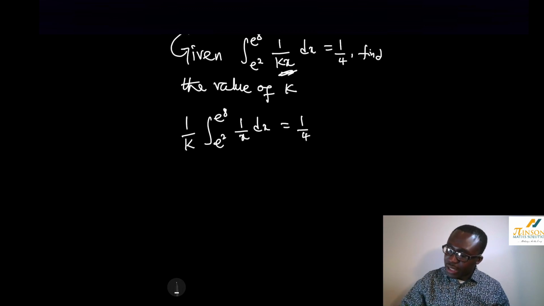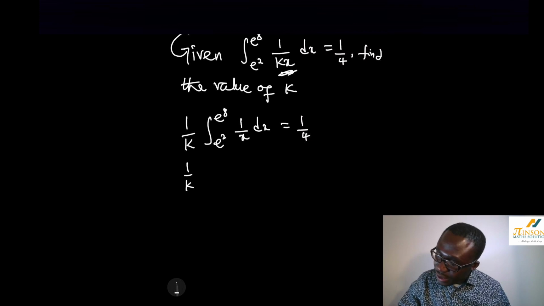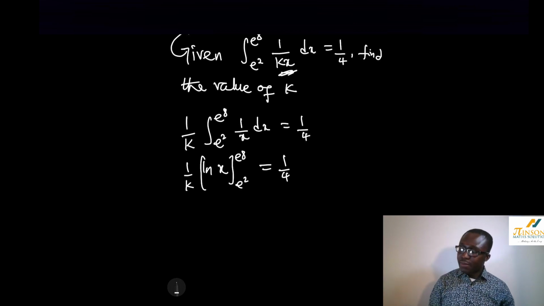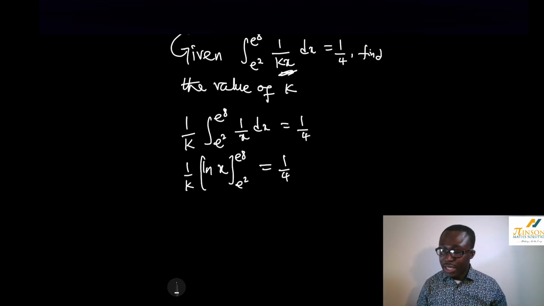Okay, what that gives me is that if my scalar is there, 1 over x will give me the natural log of x. This natural log of x, I have it from e squared to e to the 8, and I want to get 1/4. Remember, my job is to work out what k is.